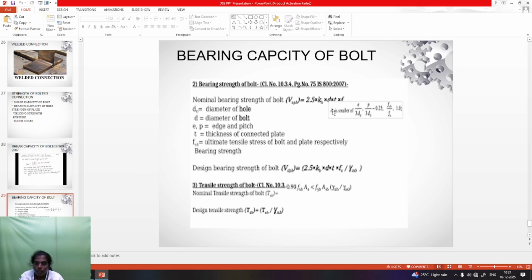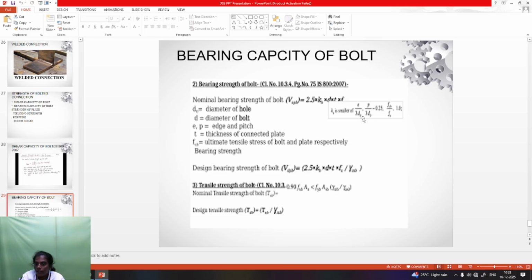Okay, so first kb, e by 3 d naught. What is meant by e? E is the end distance. End distance means, where the bolts are connected to the plate, the distance from the last edge to the first bolt. The end distance is normally taken as 30 mm or 40 mm. So e equals 30 or 40, and 3 d naught. d is the bolt diameter.